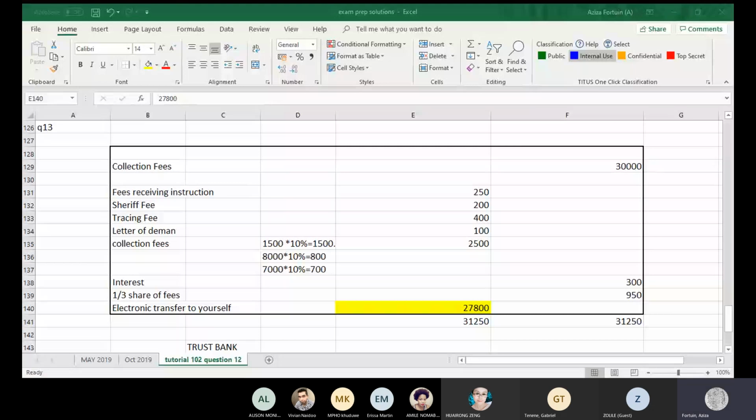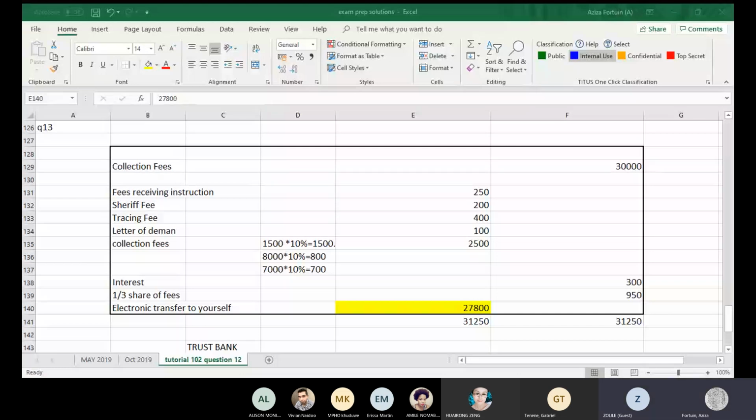Does everybody agree with Maggie? I agree, Aziza, because we are given instructions to do the collections, so we'll be falling under instructed.